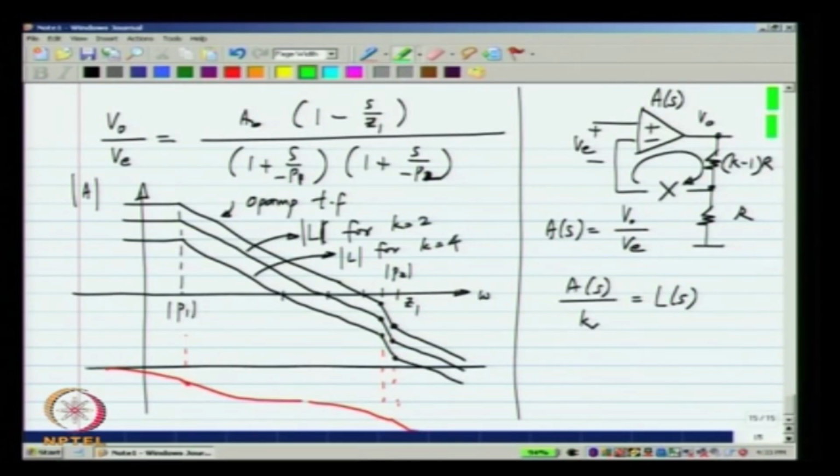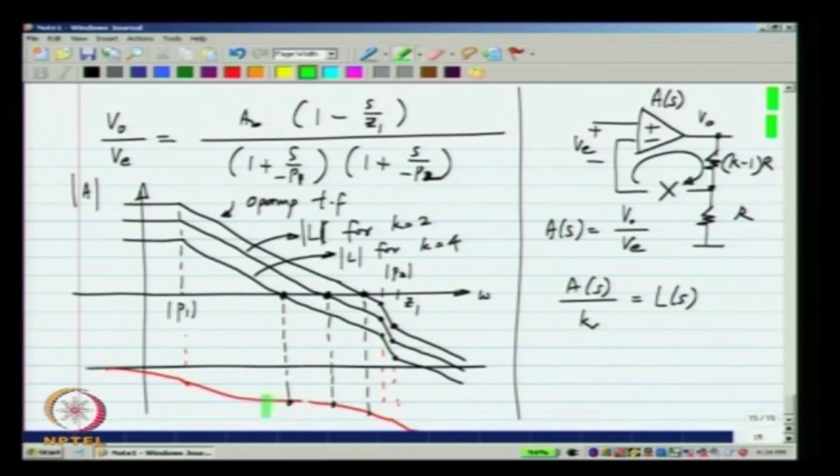Okay. So, we will not worry about the details of the phase right now, but the point I want to make is that we have seen that the stability margin depends on what happens at the unity loop gain frequency. Okay. For the 3 cases I have considered, k equals 1, k equals 2 and k equals 4, these are the unity loop gain frequencies.